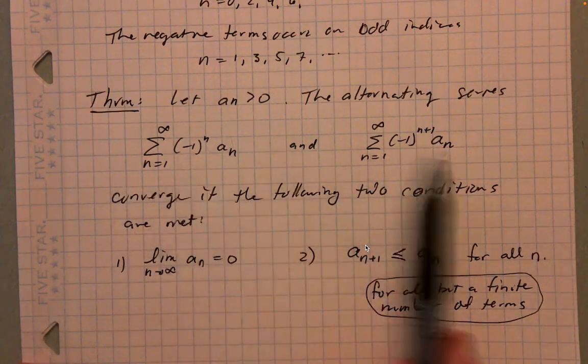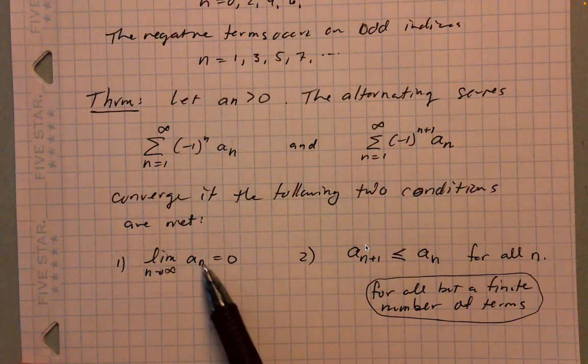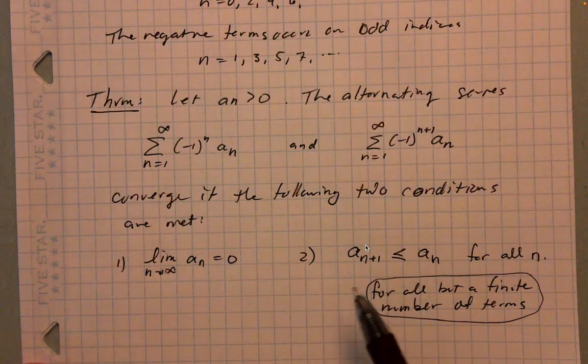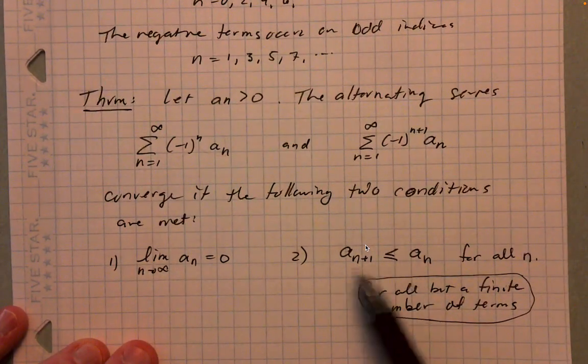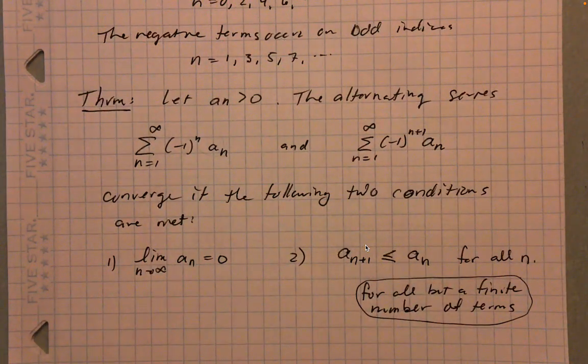So the theorem basically says, look, if you have an alternating series, you can write it like this. That series, whichever way it goes, is going to converge if the nth term has a limit of 0 as n goes to infinity, and if the sequence of terms is decreasing.